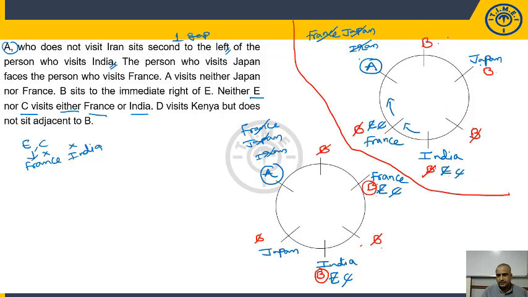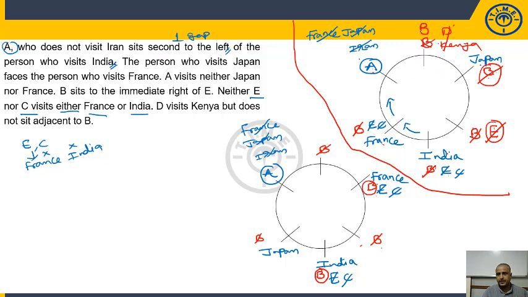If I take B here, this will be E. Then B is here, E is here, India is here, France is here, A is here, and D Kenya has to be taken here. That is the only possibility. But B is not adjacent to D. It means B cannot be here, so E cannot be here, so D Kenya cannot be here. Are you clear? So the only possibility in this arrangement is B here.